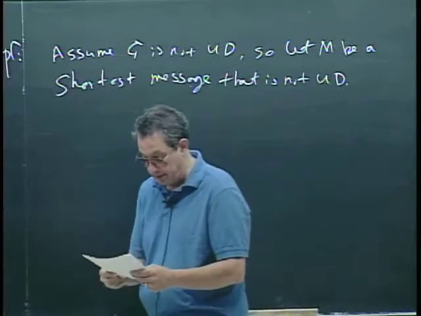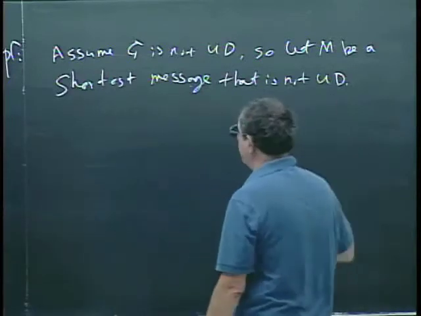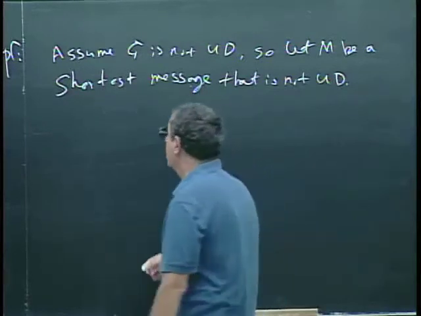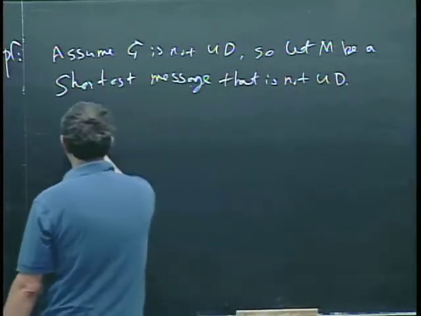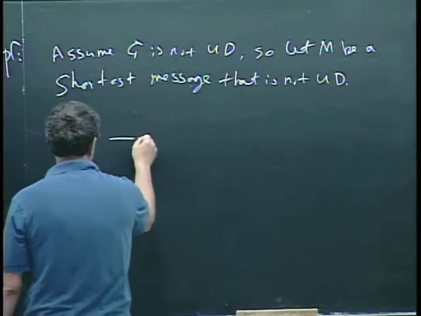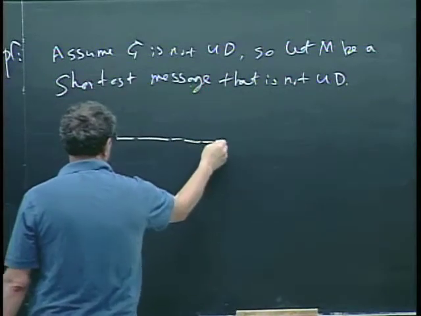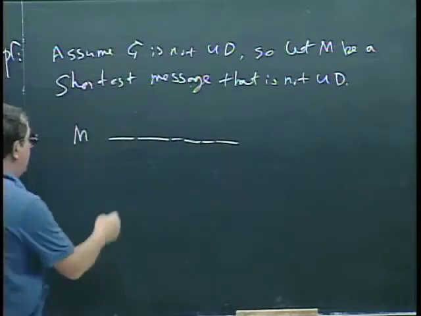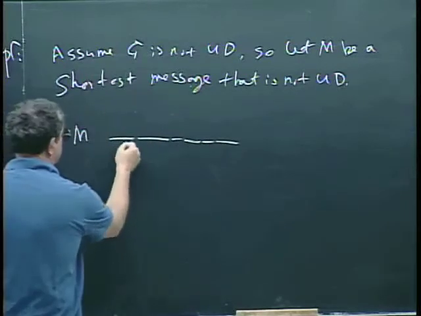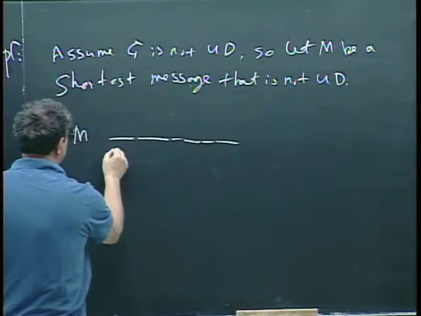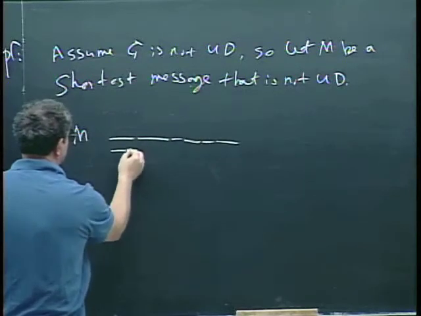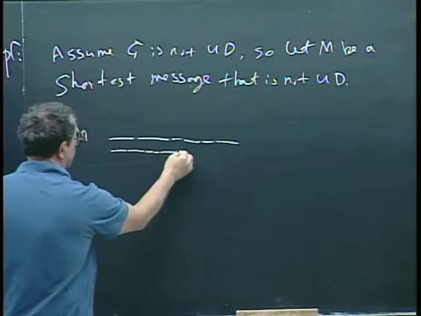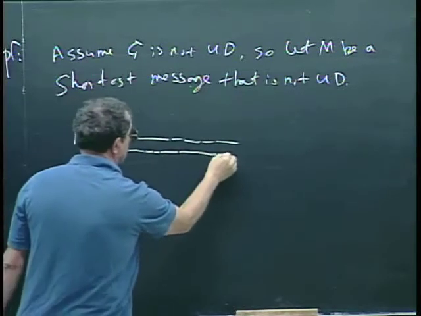Okay, so what does it mean that it's not uniquely decipherable? It means that there are two distinct parses of this message M. So just pictorially, I'm going to let a line here represent a code word. And so this is one parse. And then there's some other parse where maybe it looks like that pictorially. This is just a cartoon.